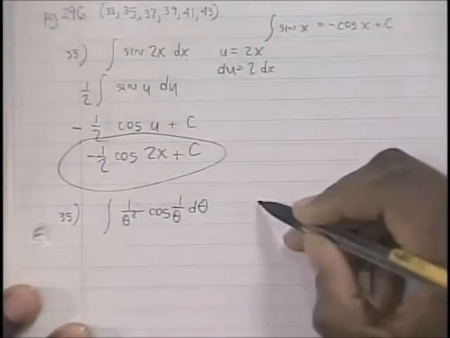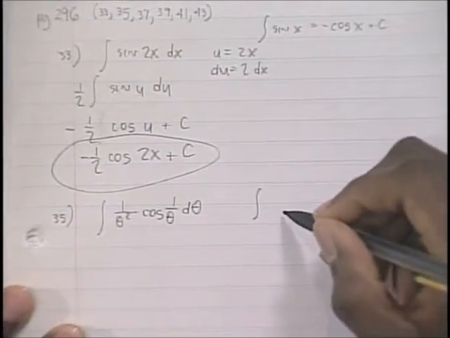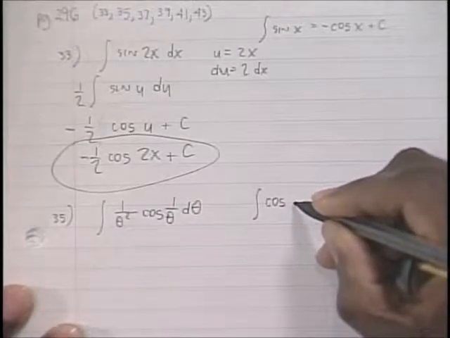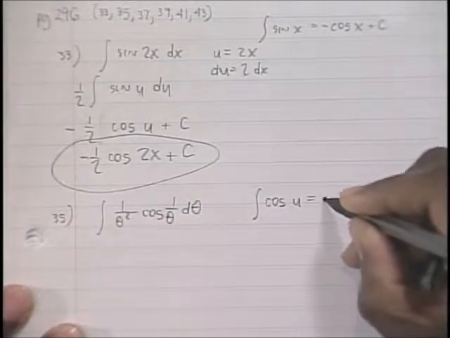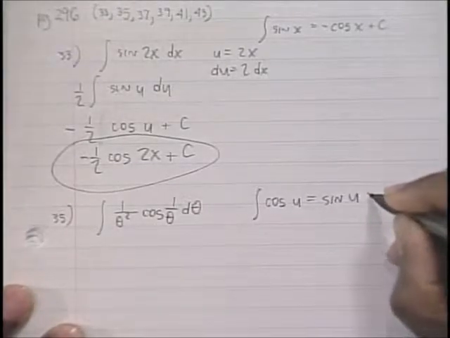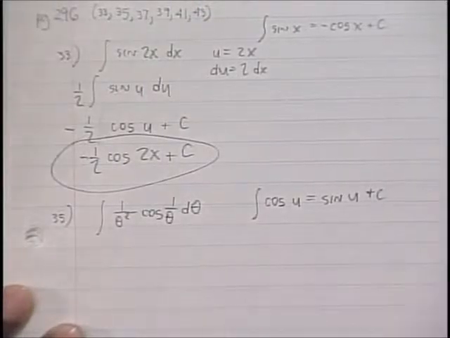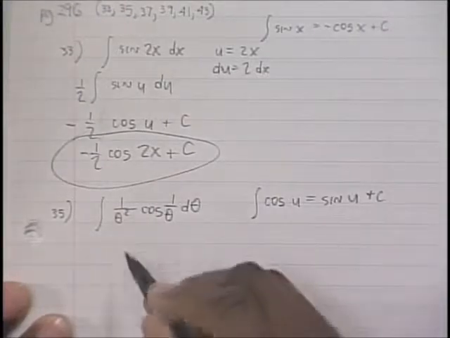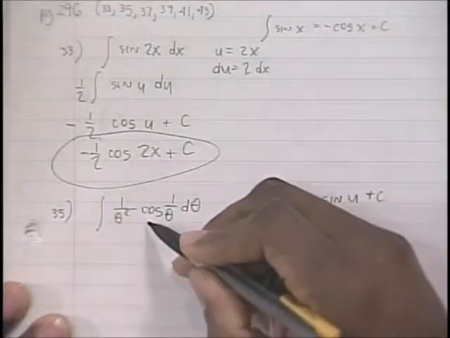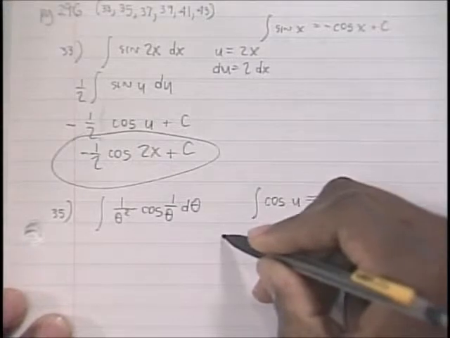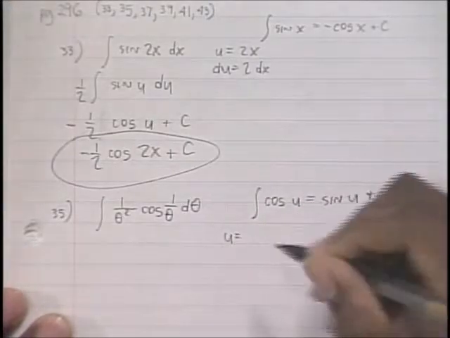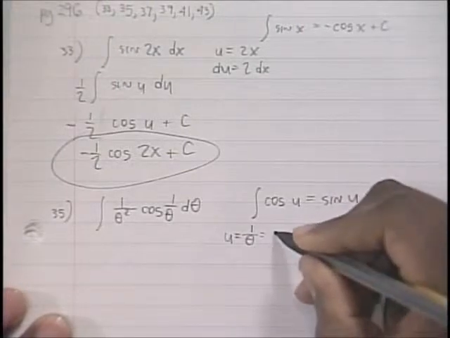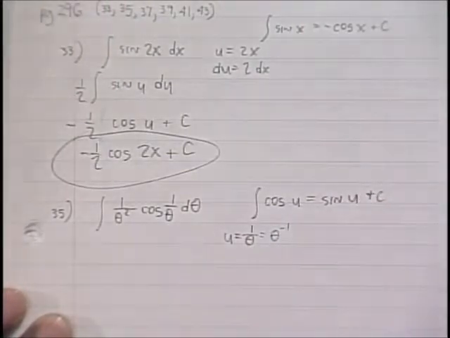Now again, it would be good for you to know that the antiderivative of the cosine of u is just the sine of u plus c. You'd have to know that coming in. And then what you could discover is that over here, you could make u equal to 1 over theta, which is the same thing as theta raised to the negative 1 power.